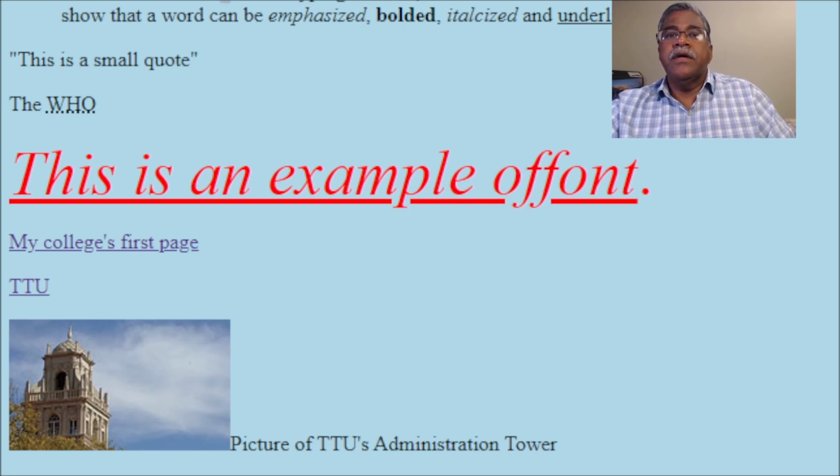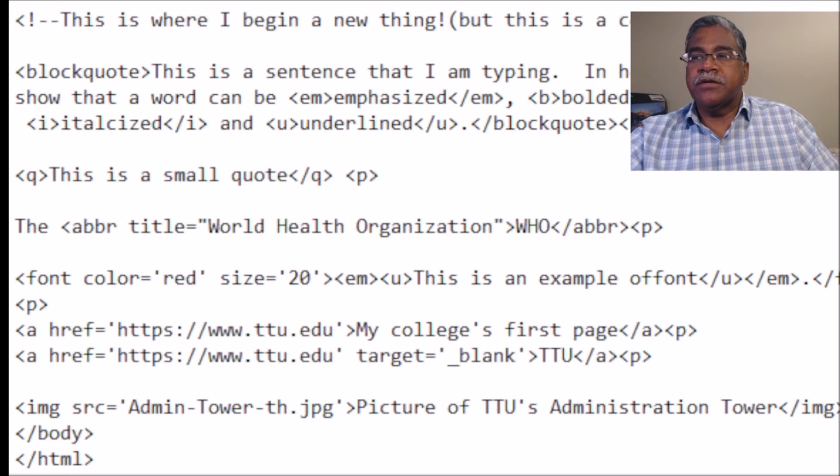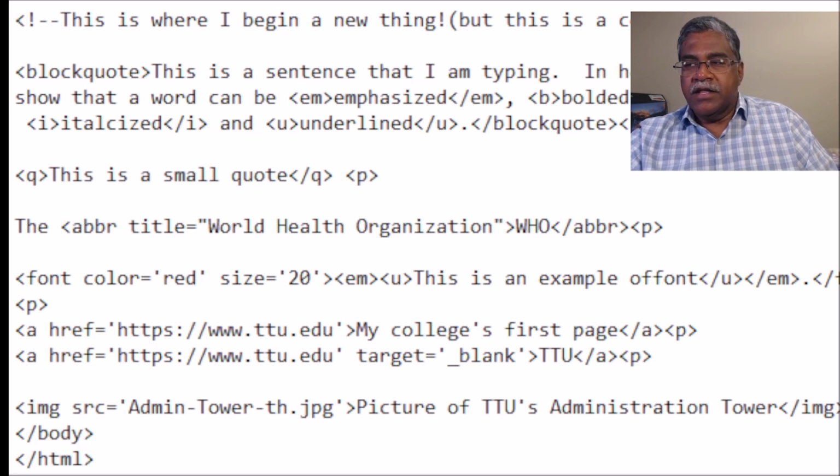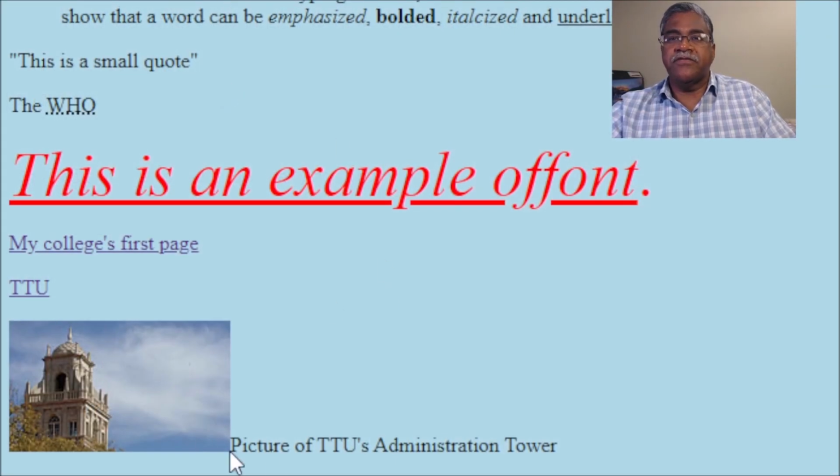So let's say we put image source administration tower, picture of TTU's administration building tower, doesn't matter, and then I hit enter, I save it, and I go to our website, and I see that the picture of the tower is there.